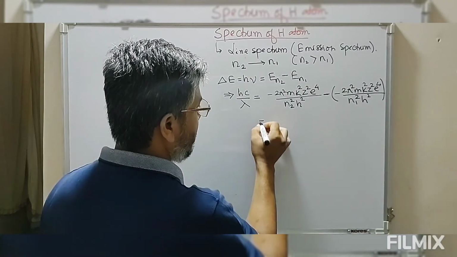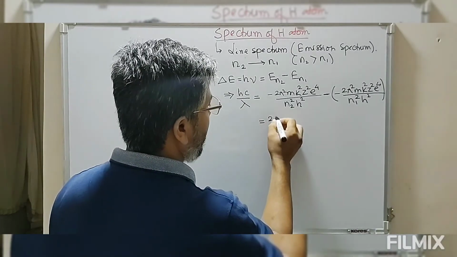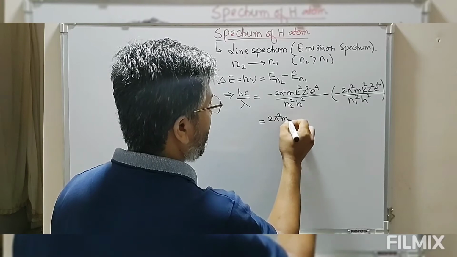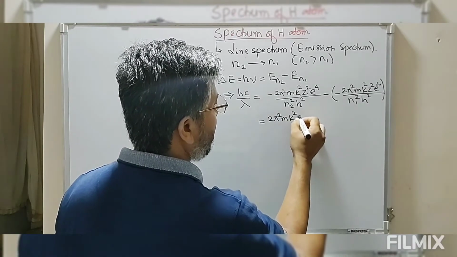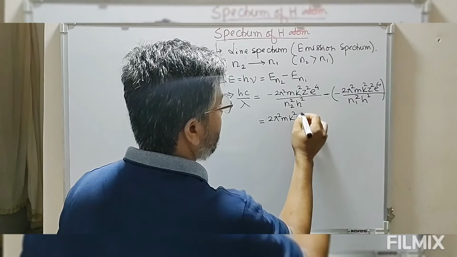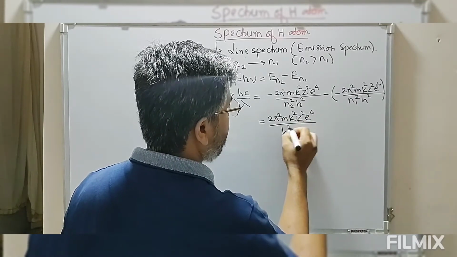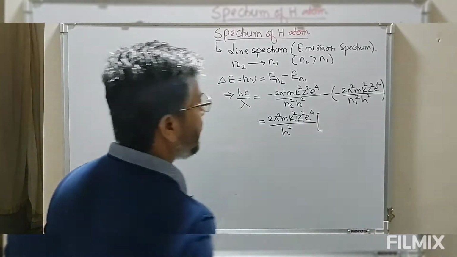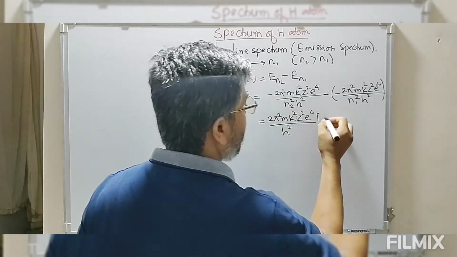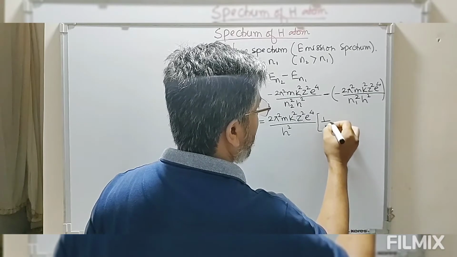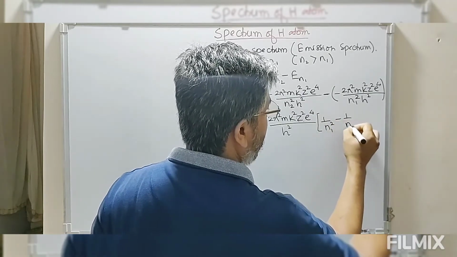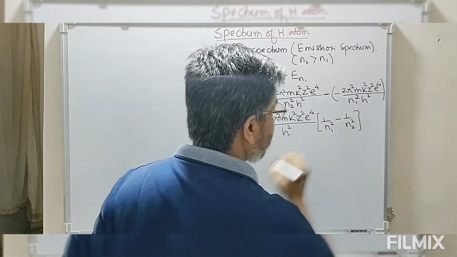Now look at this. On simplification, we can take out the common factor 2 pi square m k square Z square e to the power 4 divided by h square. This is positive, this is negative, so we get 1 by n1 square minus 1 by n2 square.